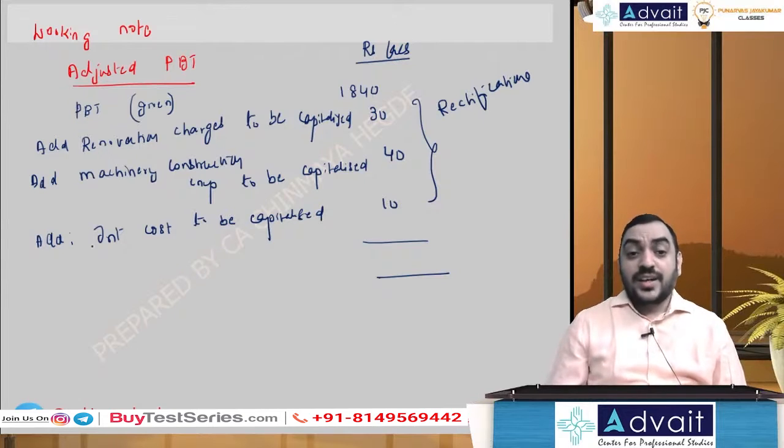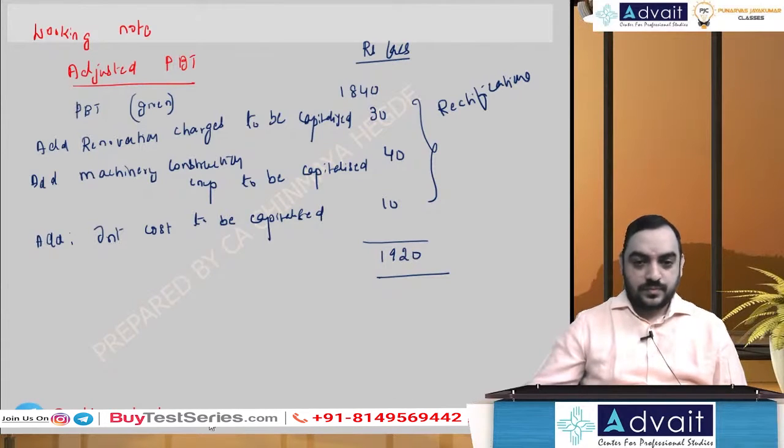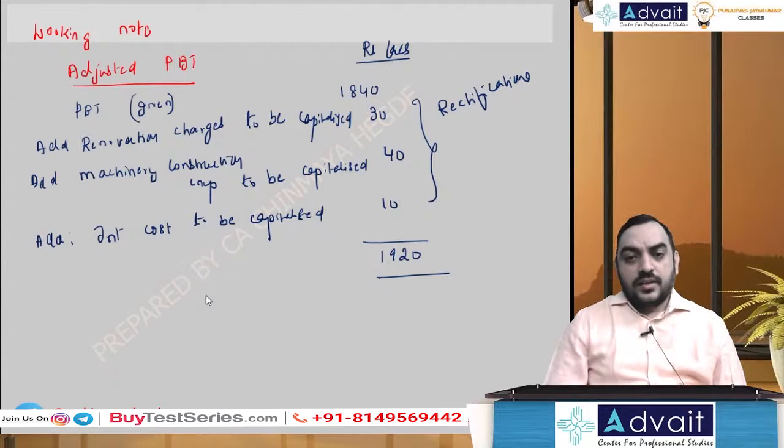So what is the adjusted profit before tax? 1840 plus 30 plus 40 plus 10, 1920. So we have done till here, 1920.